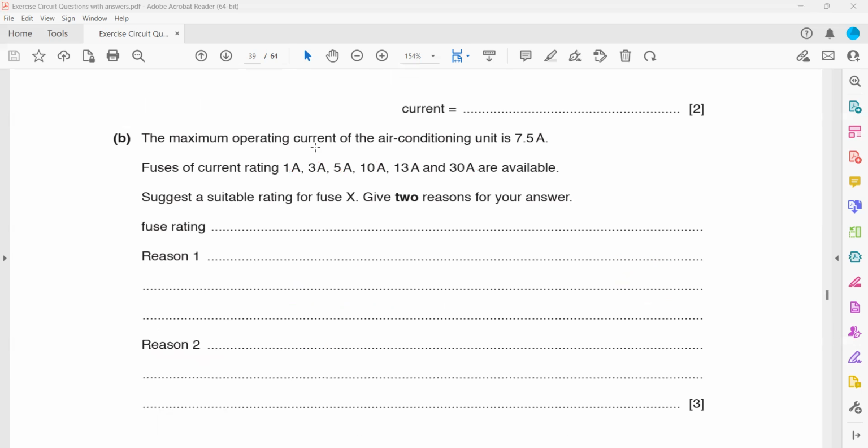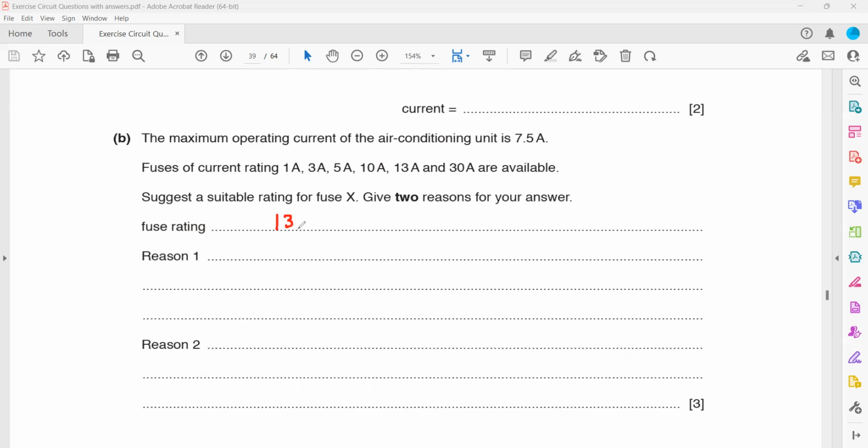We have to mention a reason here. When they ask what is the purpose of a fuse, the purpose of the fuse is to limit or disconnect the circuit when the current is above the required value or rating of the fuse. The main purpose of a fuse is to disconnect a circuit or protect the device from carrying too high a current.